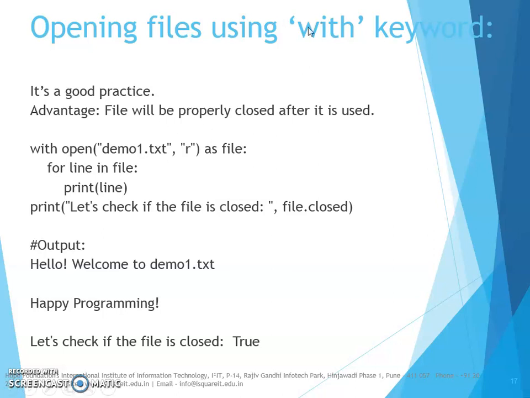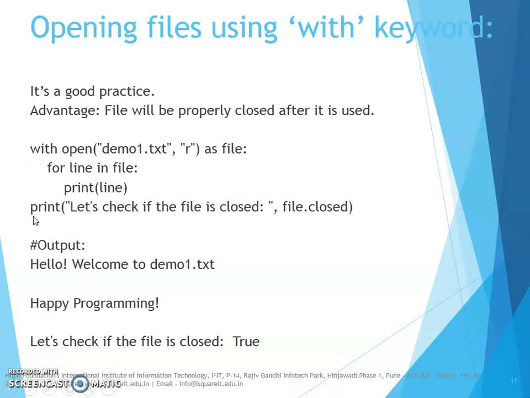So we'll see an example of using the with keyword. With open, we are opening this file in read mode as file. So this is now the object of our file, and we are writing a for loop, for line in file, and we are printing lines. So all the lines, that is both the lines, will be printed here.